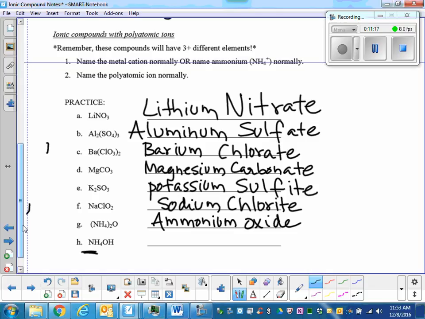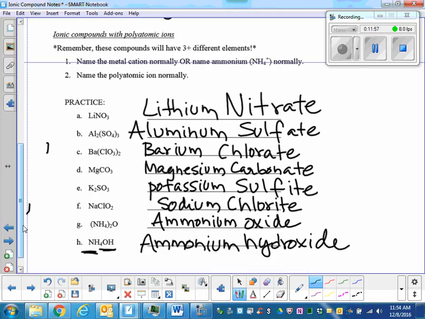What is this? Ammonium. It is ammonium. Do you recognize the second one? It is O and hydrogen. Will you find it on the periodic table or is it a polyatomic ion? What is its name? Hydroxide. So this is ammonium hydroxide.